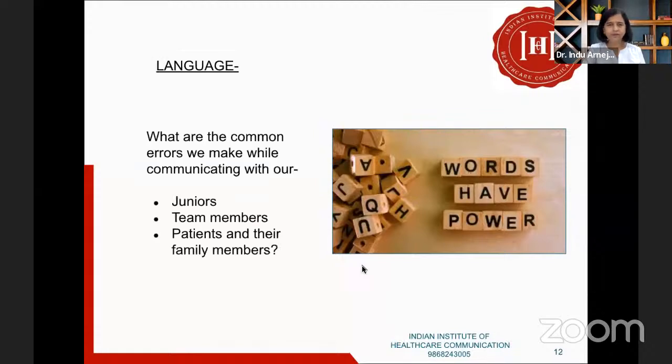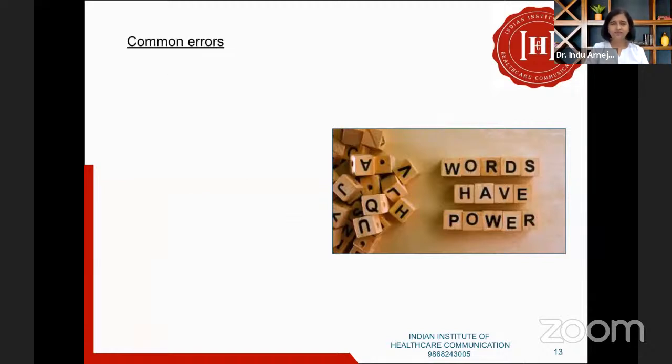Okay. So now you can recollect the common errors we make with our juniors, team members, patients, their family members, our own family members. I think we saw some examples in the chat box, and there's a realization that we do make such mistakes.